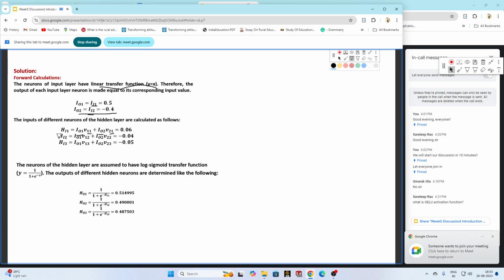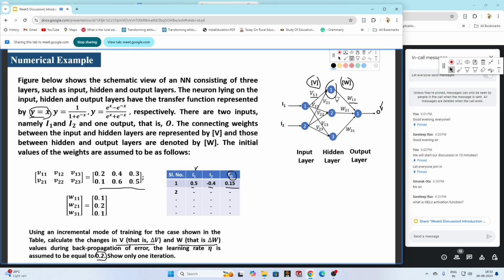Similar for HI2 and HI3. Again, focus on this neuron. This neuron will have contribution from the first neuron as well as the second neuron of the input layer. Similarly, if we talk about the second neuron, it will have contribution from the first as well as the second, so from these two arrows.